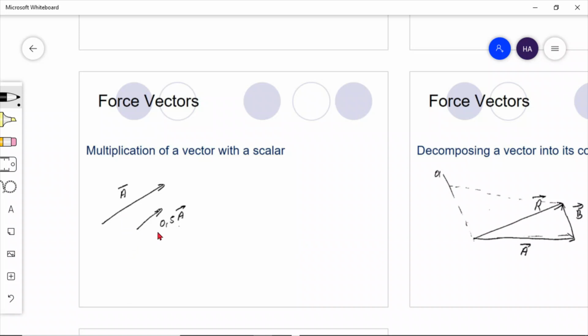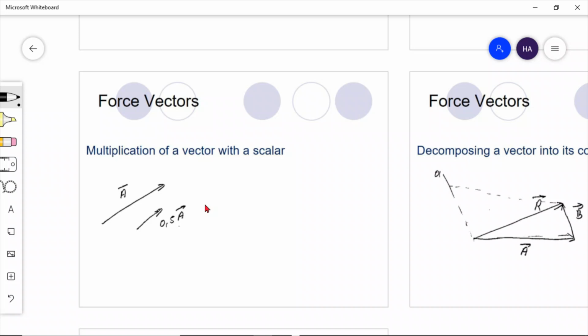So as a result, for example, if you multiply a vector with 0.5, this means that its magnitude will decrease and will become half of the initial vector. So the length of the line has to be half of the first line in that case. So this is multiplication of a vector with a scalar quantity.